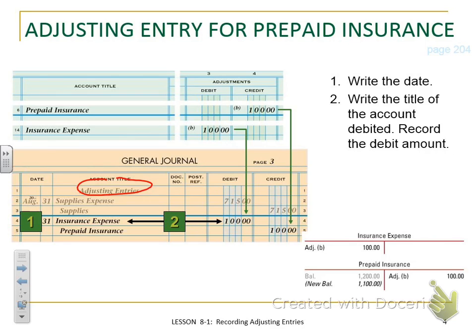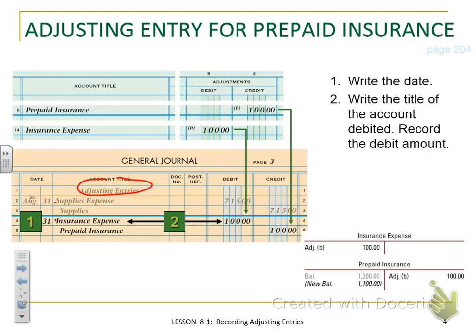Okay, and then both of our entries are going to be dated the end of that fiscal period, whatever that fiscal period is. If it's the month, if it's a quarter, if it's the year, we're going to put whatever that date is, and that's going to be the same because you're going to do your adjusting entries both on the same day.